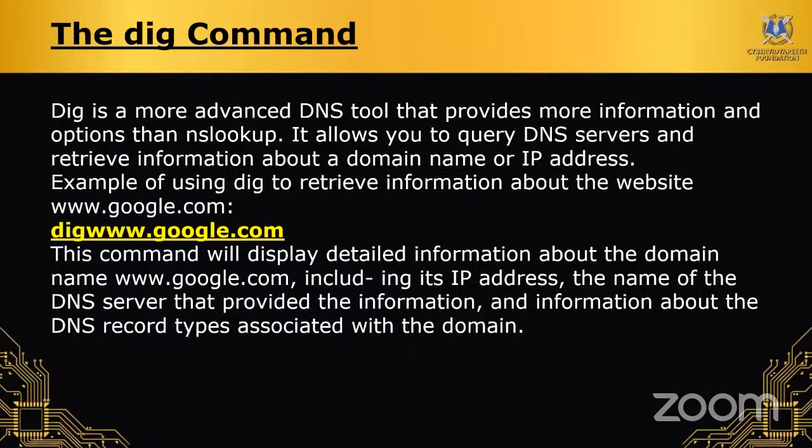When we run the dig command with the domain name, it sends a query to the DNS server. By default, this query will contain our network configurations. The DNS server processes the query and responds with DNS related information, including DNS records, name server information, and more.